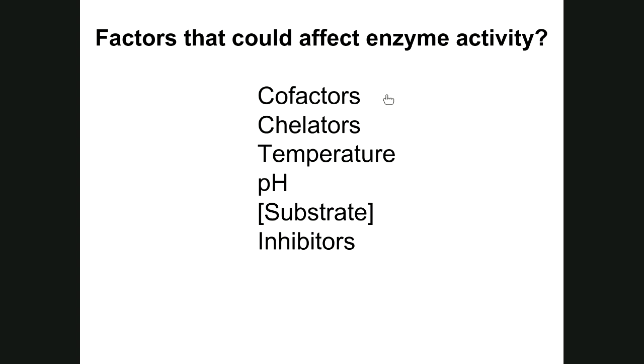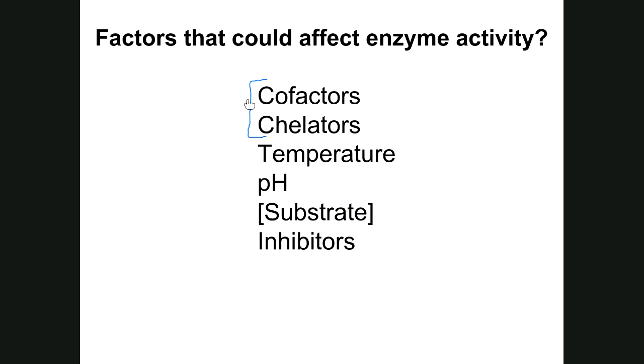So these are the 6 factors: cofactors, chelators, temperature, pH, substrate concentration, where the brackets mean concentration, and inhibitors. When we get to inhibitors, we're going to talk about actual molecules, 2 types, but they both prevent the enzyme from becoming active. Now the first 4, we talk about in pairs, because when you talk about cofactors, it's best to talk about chelators. They have opposite effects on enzyme activity.